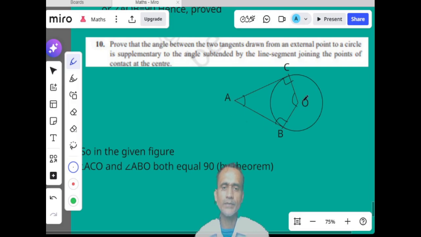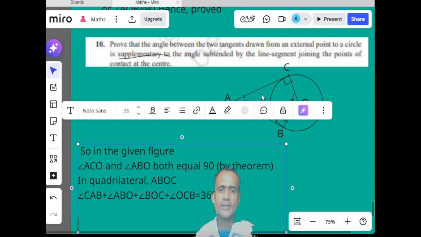Similarly, this is a tangent, and this is the line drawn from the center to the tangent at the point of contact. So this angle is 90 degrees. The sum of these two angles is 180 degrees. So we are left with these two angles. The sum of the angles of a quadrilateral is 360 degrees. These two angles, their sum is 180. So hence the sum of angle A and angle COB is 180 degrees. So they are supplementary. So this is what we needed to prove.